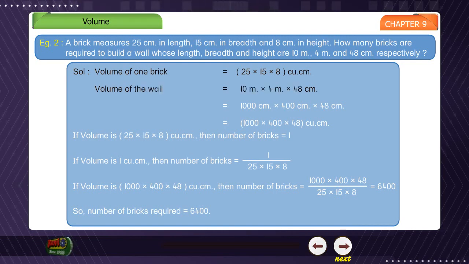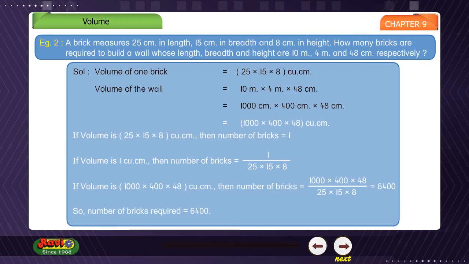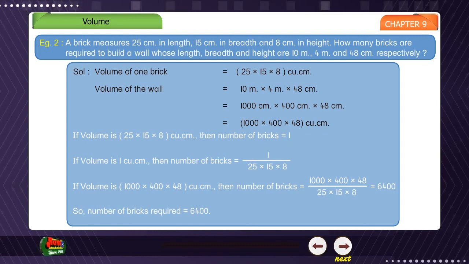The volume of the wall is equal to 10 meters into 4 meters into 48 centimeters, is equal to 1000 centimeters into 400 centimeters into 48 centimeters, is equal to 1000 into 400 into 48 cubic centimeters.